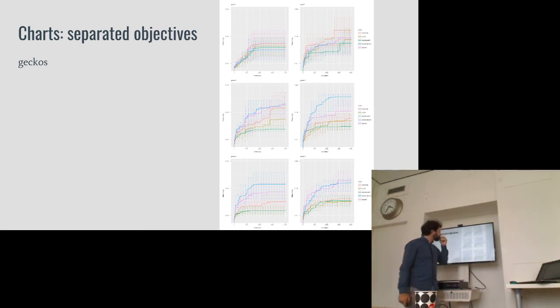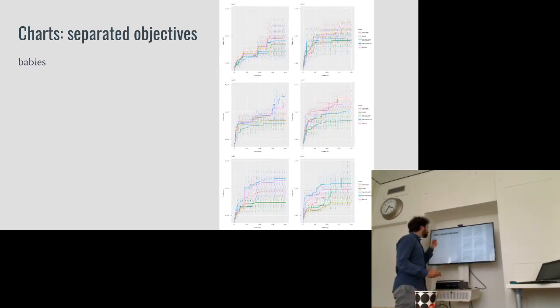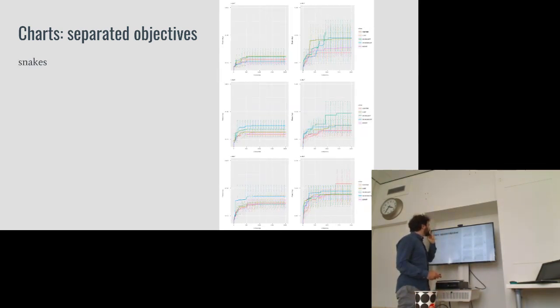But can you then compare that? Are there snakes and geckos with the same number of joints? Because then, if there's a difference, you could say, okay, it depends on the shape of the robot. They don't have the same. Some of them have the same number, but mostly they don't.